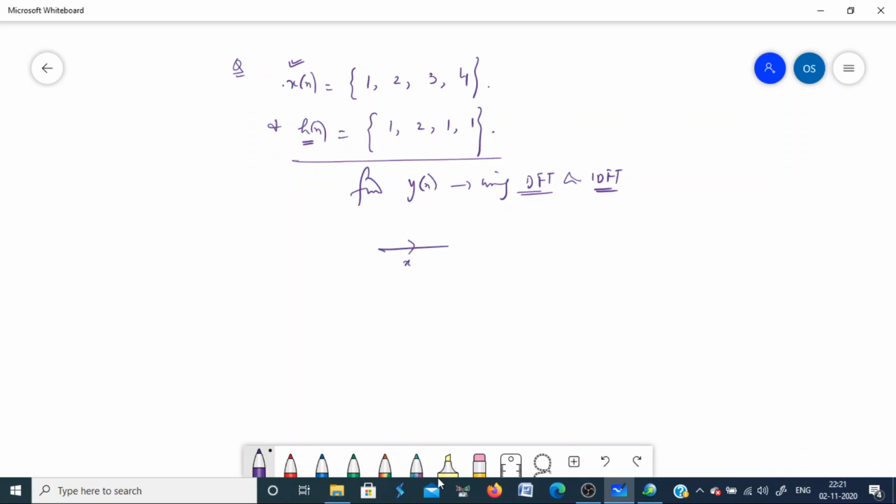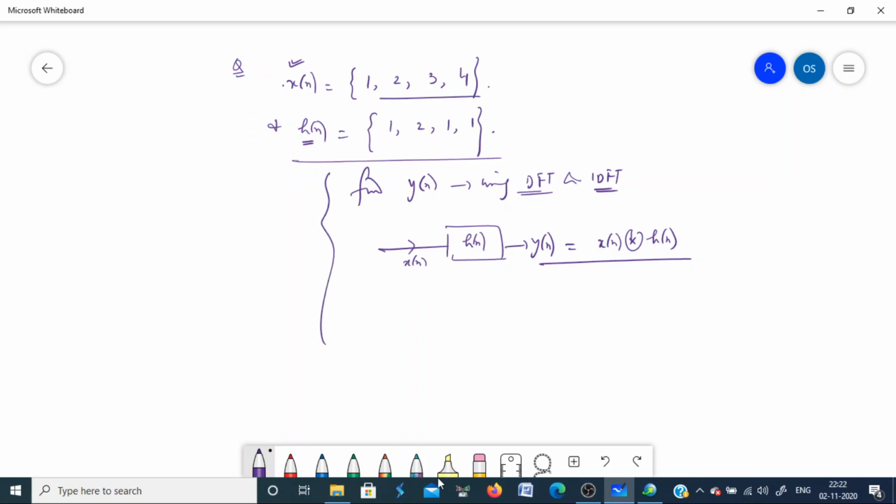Since it is a linear time invariant system, you know that yn will be the linear convolution of xn with hn. So if I am using DFT and IDFT to find the response of the system, what do I have to do?